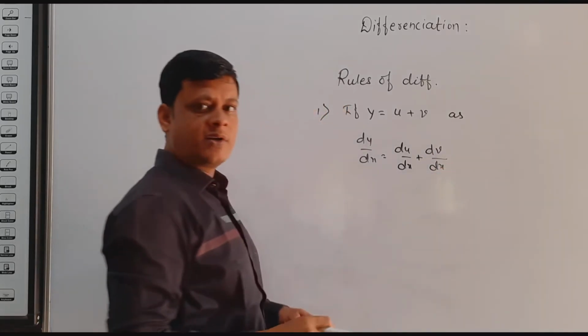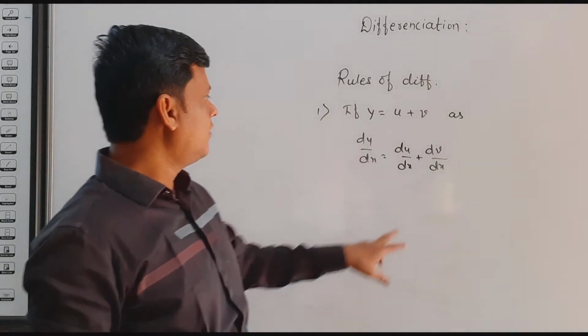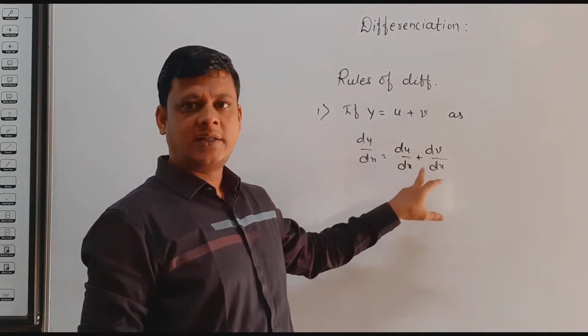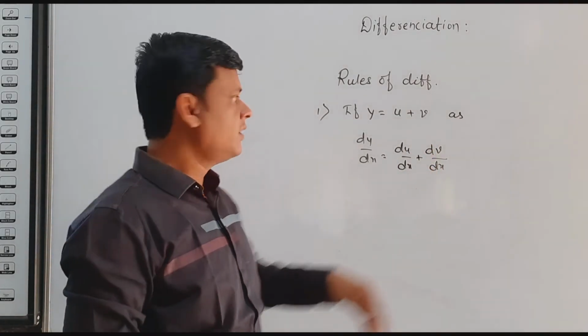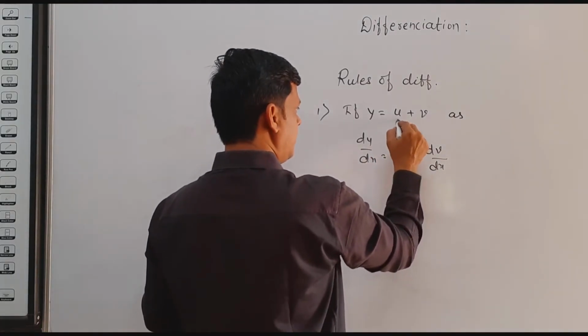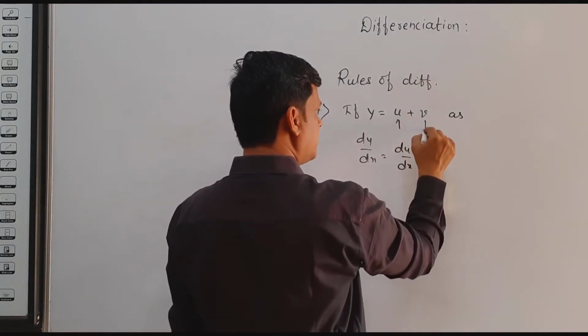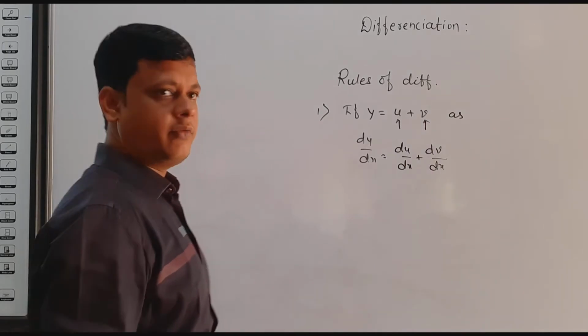That means if two functions are in addition form, we differentiate the two functions separately. So first we differentiate function u, plus then we differentiate function v.